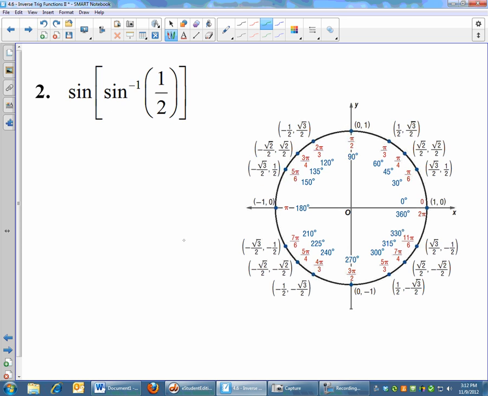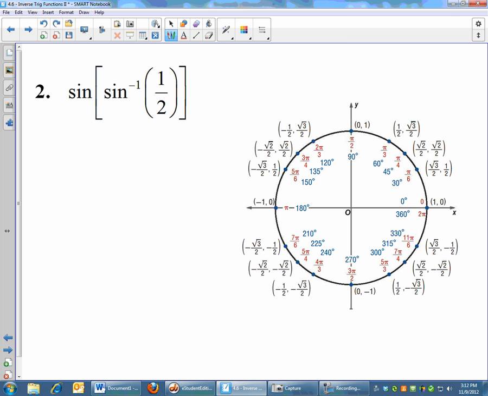Okay, let's try this one. The sine of the inverse sine of 1/2. This one's kind of backwards. The sine is on the outside, inverse sine is on the inside. So I'm only looking at the inverse sine part.